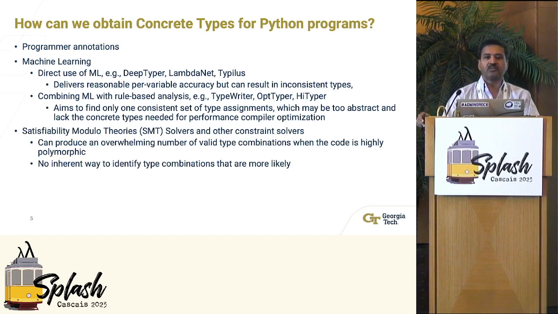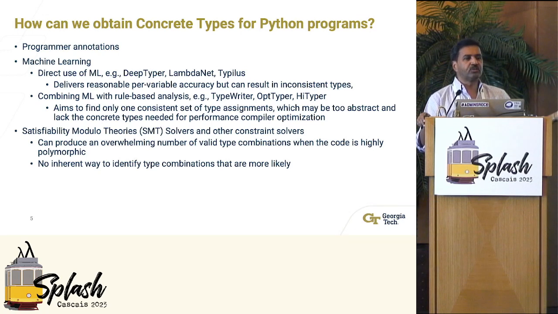There's been past work on solvers, particularly SMT solvers and other constraint solvers. The good thing about this work is that all the combinations they predict will be type consistent and will type check, if you encode the constraints correctly. But there can be a large number of these type combinations, and the SMT solver has no clue as to which combinations are more likely.